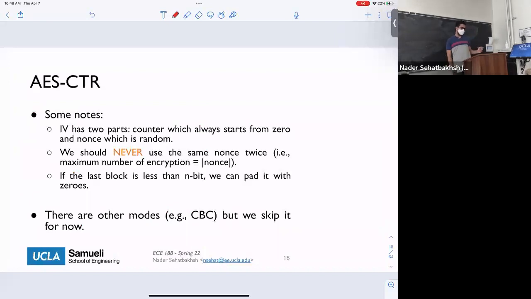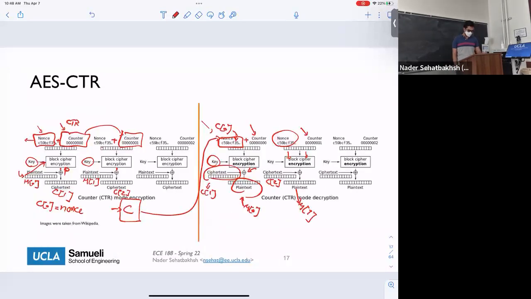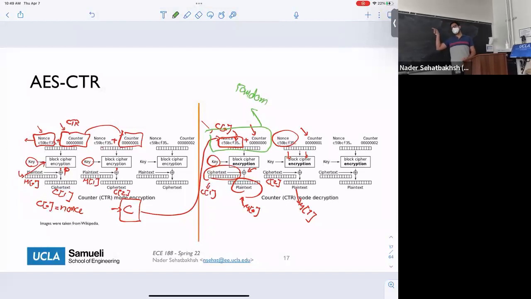Okay, so a few notes. The trick that we're using is that if you're looking at this part here, this whole thing can be a random value. Instead of using the counter, you can use a different random value for each of the blocks and send that to the receiver and get the exact same functionality and exact same security.